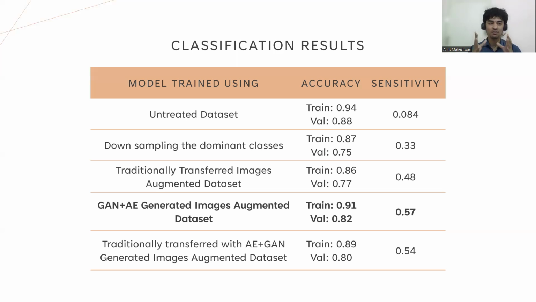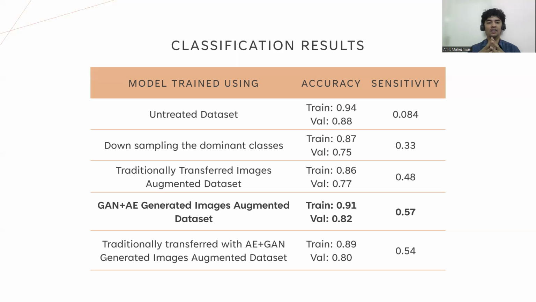Now this is almost 50%, so almost half of the melanoma cases are correctly identified. In comparison with the 8%, 48% is a really good number. But now we are testing with our proposed mechanism, an integrated system of GAN and AE.